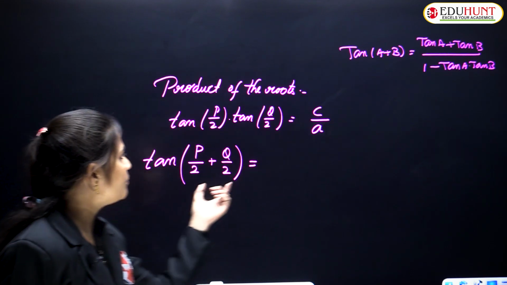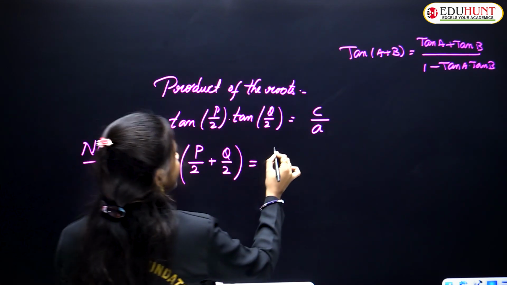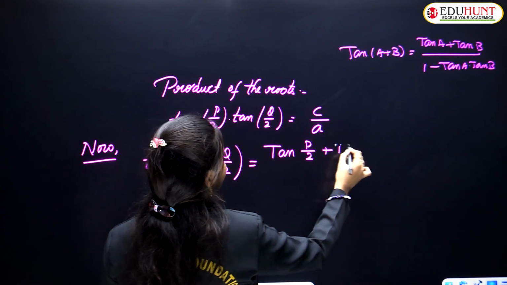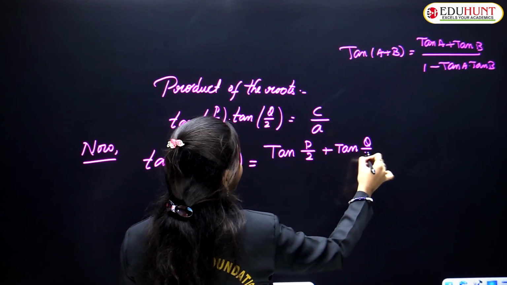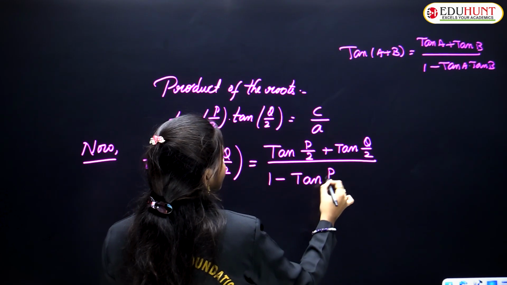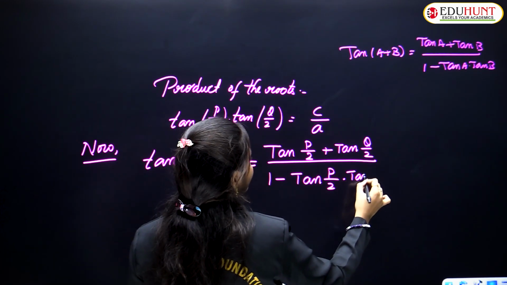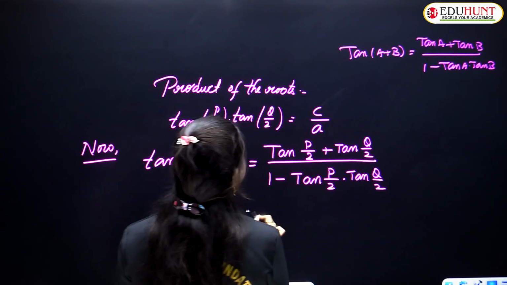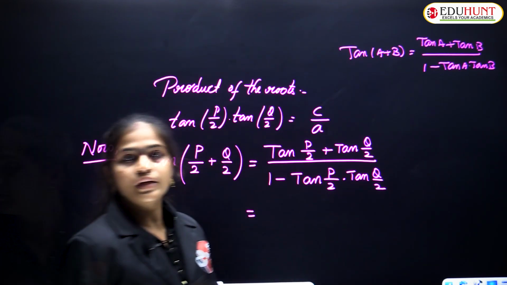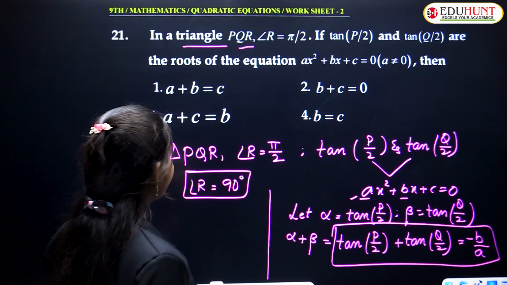So I use the same formula here. So tan A plus tan B by 1 minus tan A into tan B. So here tan of P by 2 plus tan of Q by 2.